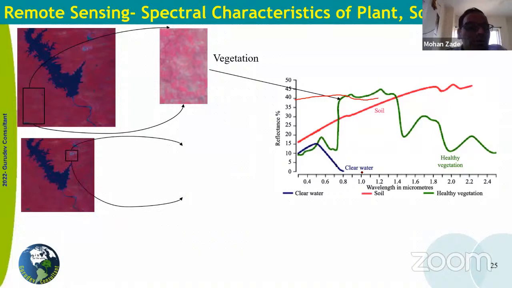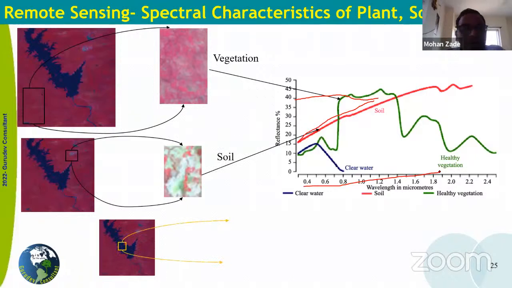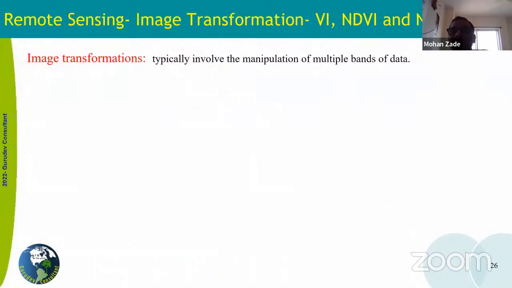For dry soil, it always looks bright because the reflectance increases with increasing wavelength. The third is water. Water appears dark because the reflectance is less than 5 to 10% in most of the bands, in the green band, and in NIR it is almost absorbed. So this is the way you can use different bands to distinguish different Earth objects.